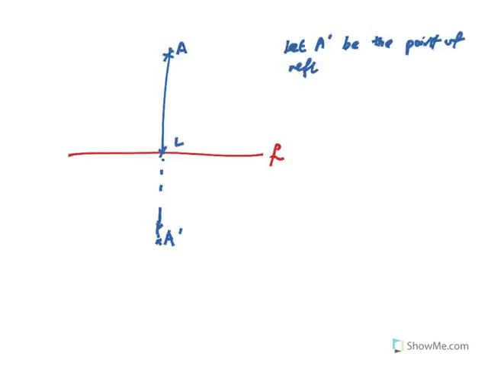Then to find A prime, actually it's not difficult. If you think about it, point of reflection means they are symmetrical, so the ratio is 1:1. Using the ratio theorem, very easy. OL is just one of OA plus one of OA prime, over 2.